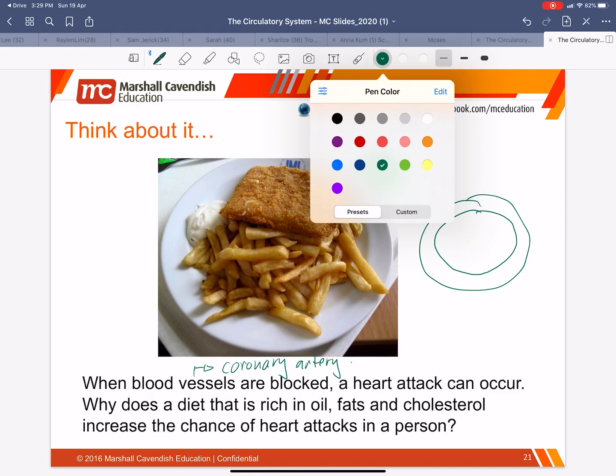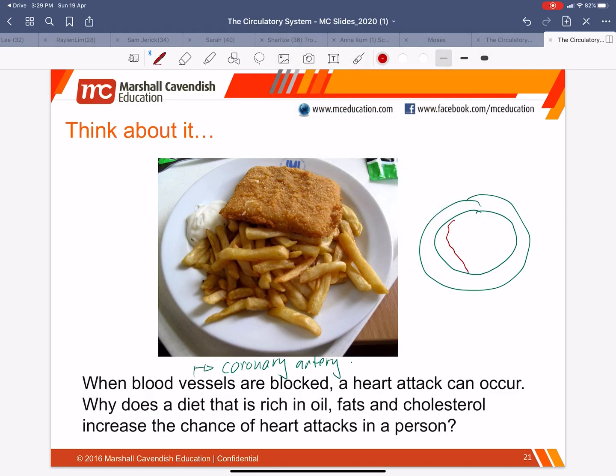These fats will accumulate, okay, at the side, and they will start to harden. So as it hardens, you realize that the amount of space that blood can now go through is reduced, which I'm coloring in blue. So the amount used to be, say, this much, has now been reduced to just the area of blue color.